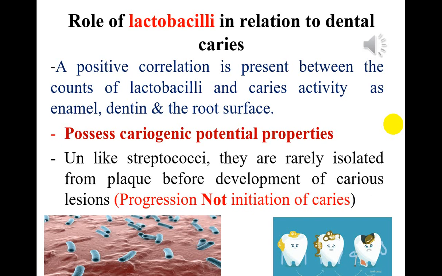But unlike Streptococcus, lactobacilli are rarely isolated from plaque before development of a carious lesion, so it has been suggested that lactobacilli may be responsible for progression of dental caries and not for initiation of dental caries.